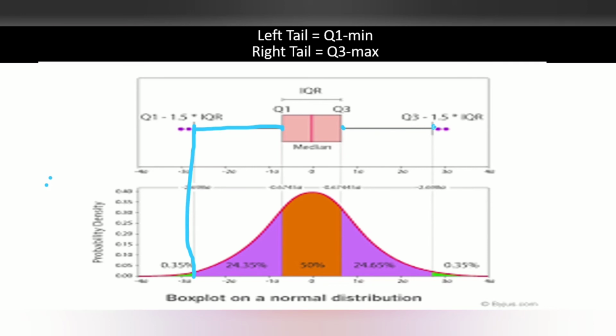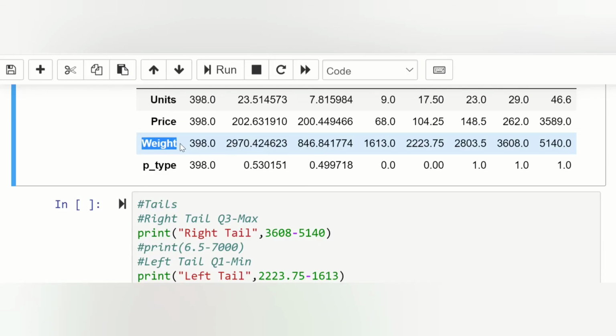What I'll do is take a difference of Q1 minus minimum and Q3 minus maximum, and then we'll compare if the left tail is longer than the right tail or whatever the case is. So now let's calculate the left and right tails of the distribution, and this time I'm using the weight attribute.